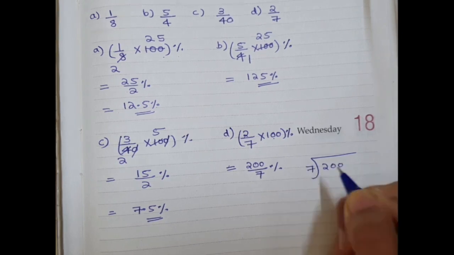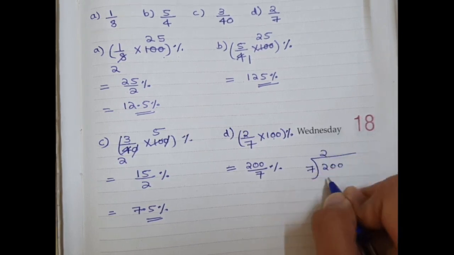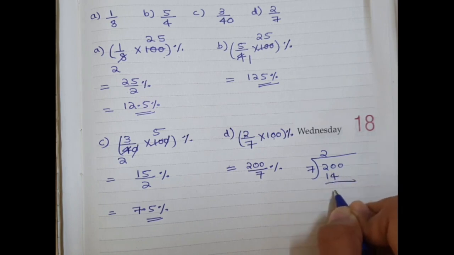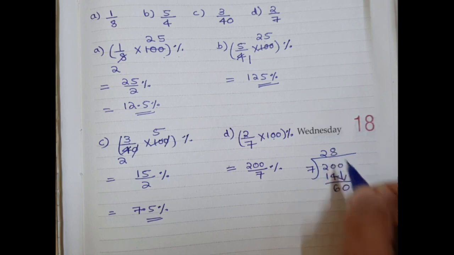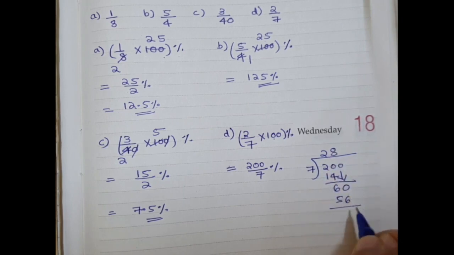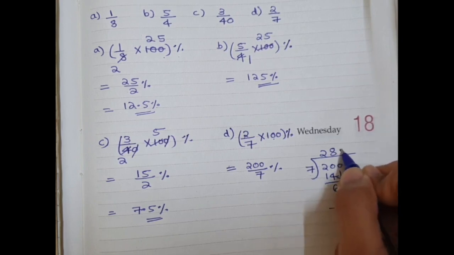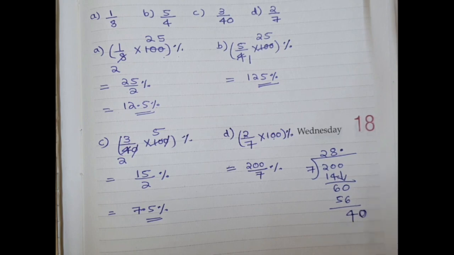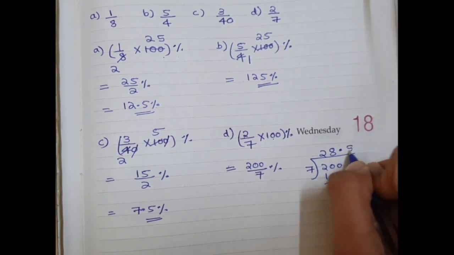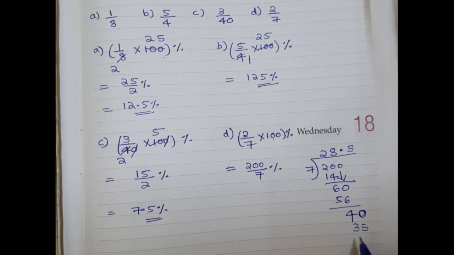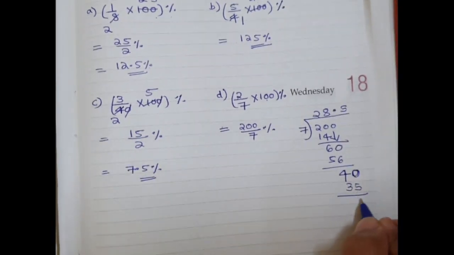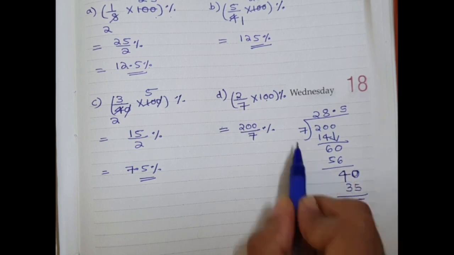200 divided by 7. 7 2s are 14. 20 minus 14 is 6. Now let me drag this 0. 7 8s are 56. 60 minus 56 is 4. 4 is less than 7. So let me put a point here and a 0 here. 7 5s are 35. 40 minus 35 is 5. 5 is less than 7.